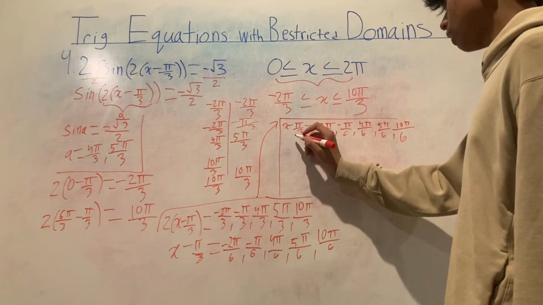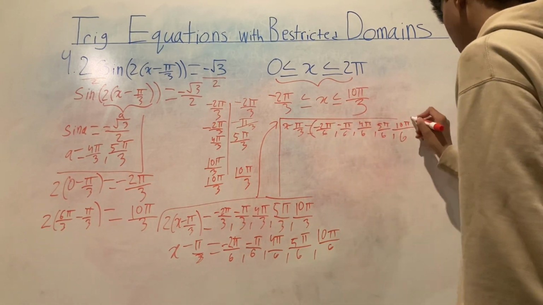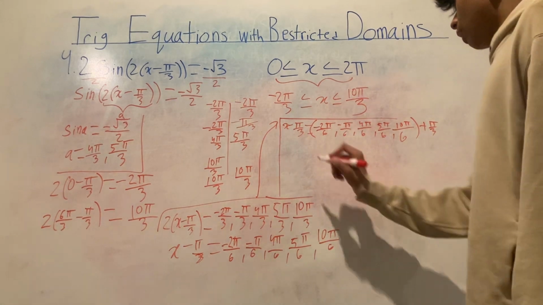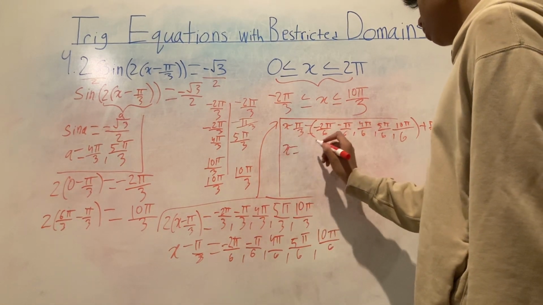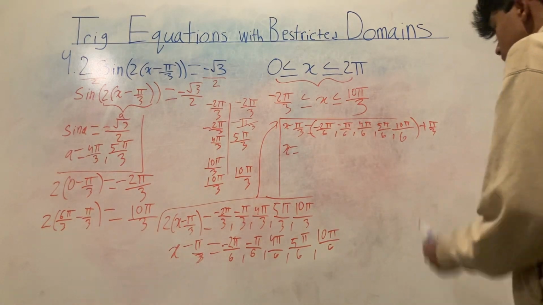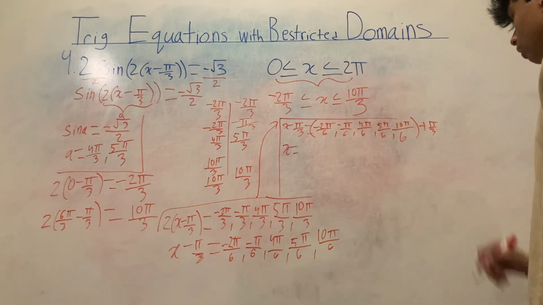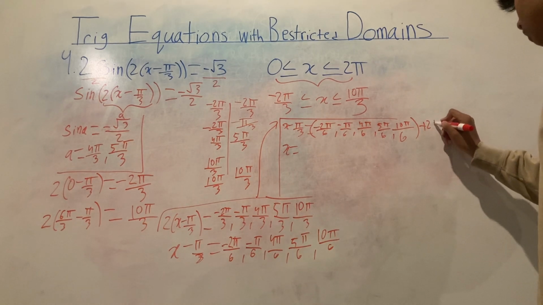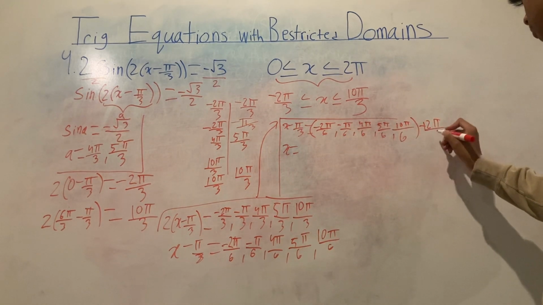Okay, now we're just going to add pi over 3 to everything here. So plus pi over 3. And now x equals negative 2 pi over 6 plus pi over 3. Actually, let's just say this is 2 pi over 6 because everything else is in denominator 6.